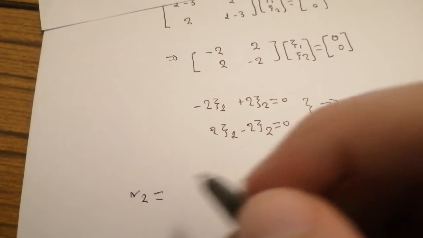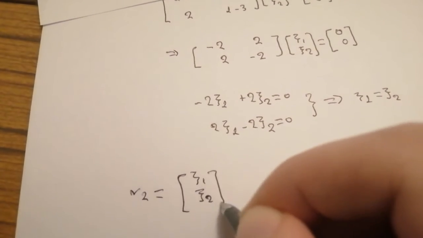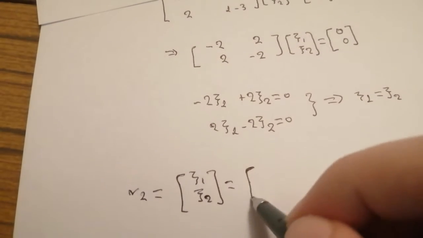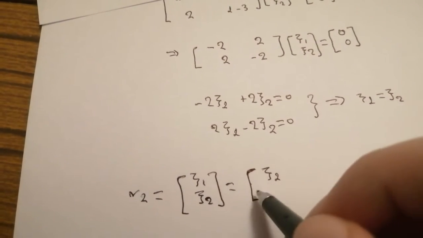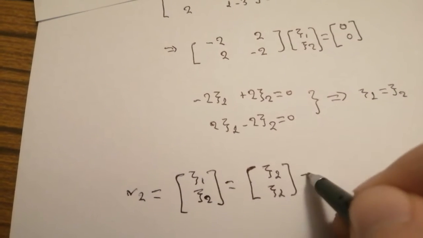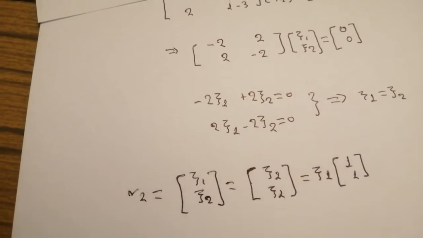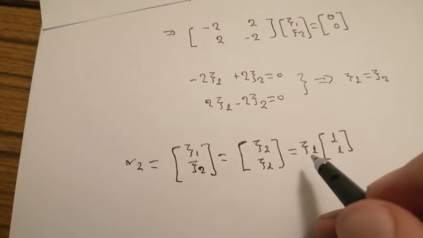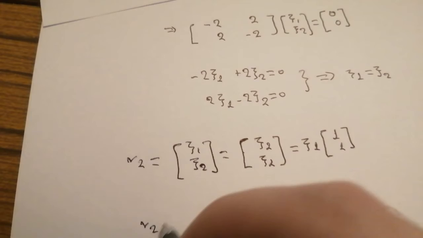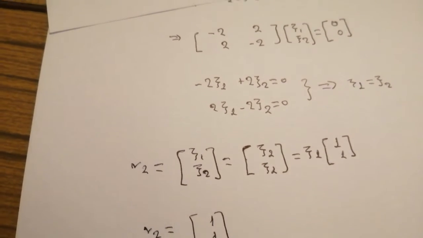So the eigenvector v2 is (xi 1, xi 2), which is (xi 1, xi 1), so it's xi 1 times (1, 1). Let's put xi 1 equal to 1, so v2 will be (1, 1).